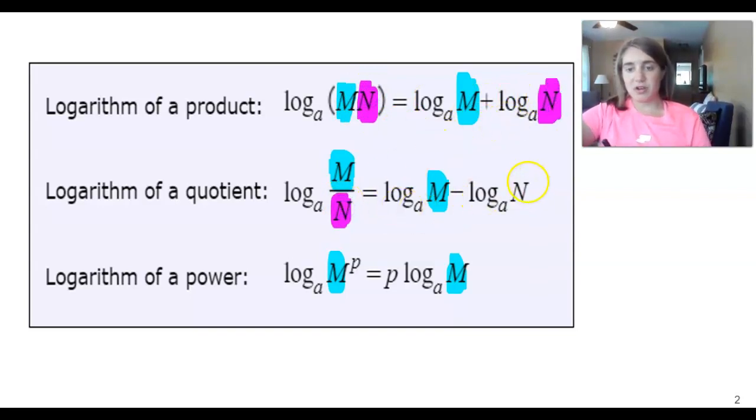Dividing two things within a log is the same as separating them as different logs. If we have a power, the power can be moved to the front. And also notice these all would have the same base. This will make more sense once we start actually practicing it.